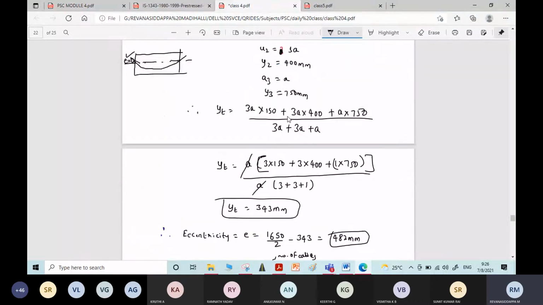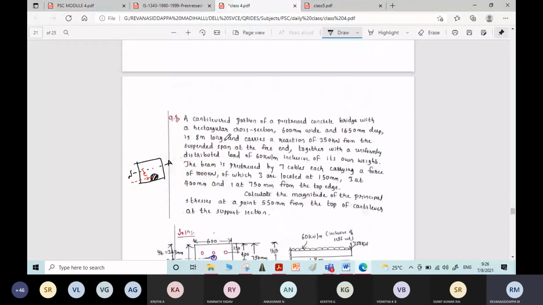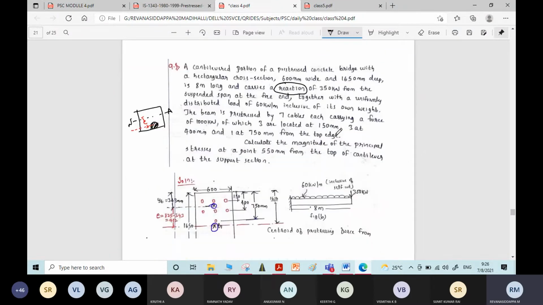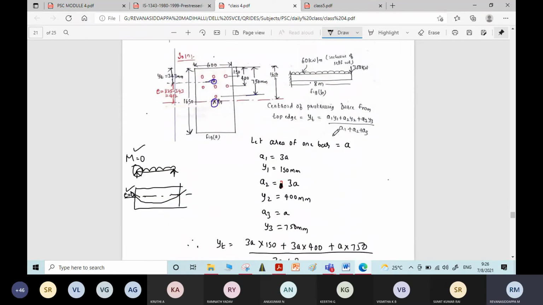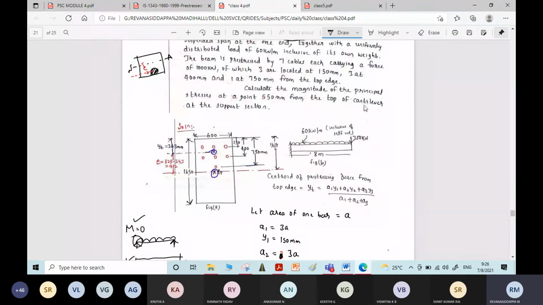It is said that the beam is 8 meter long and carries a reaction of 350 kilonewton from the suspended span at the free end. Okay, he said it has a reaction. Don't get confused, it is the load only. You understand there is some element resting over the edge of the beam.